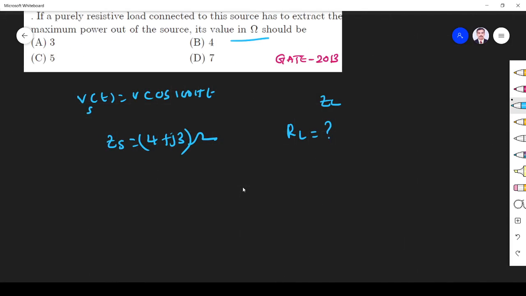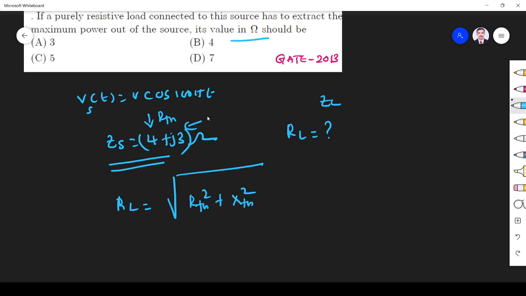So the condition is, if the source has a complex impedance and a purely resistive load is connected, then RL must be equal to the root of R Thevenin square plus X Thevenin square. Here R Thevenin is this one, and this is the reactance.